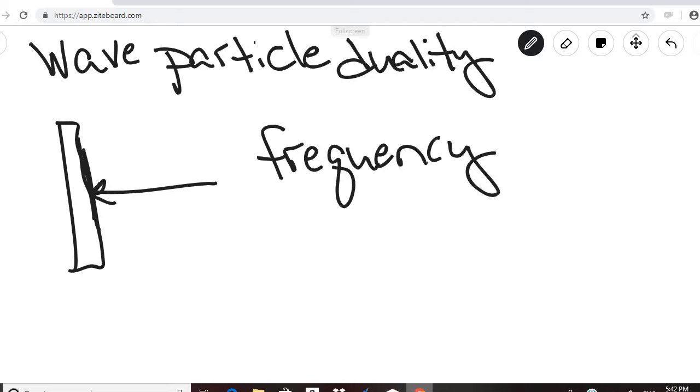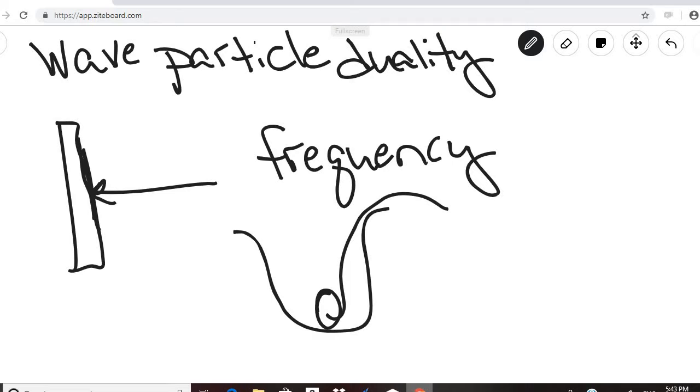So let's say you had a ball down inside a hole, so this is like an electron down here, and if you hit the ball with enough energy, that ball is going to come out of the hole. But if you don't hit it with enough energy, it's going to remain in the hole.